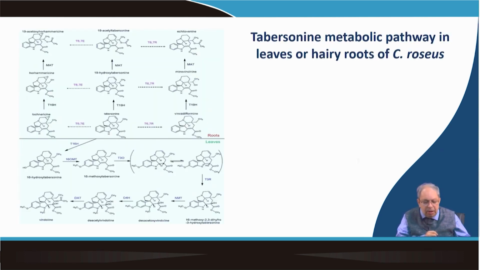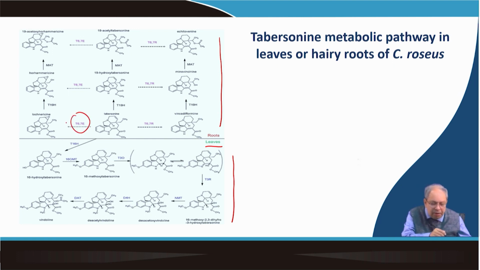This one I also told in one of the previous slides: this is the pathway from tabersonine to vindoline, which operates in the aerial parts or leaves, and this is the one which operates in the roots. And the enzymes involved in the formation of hörhammericine, lochnericine or acetylhörhammericine have already been characterized now.